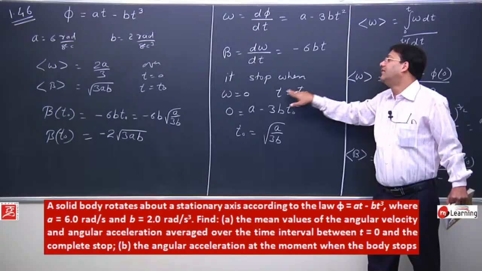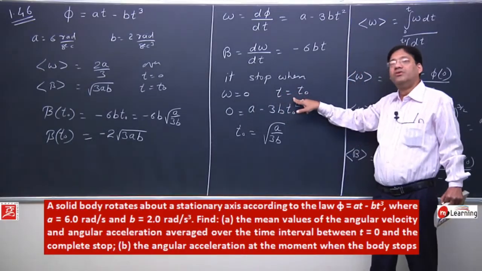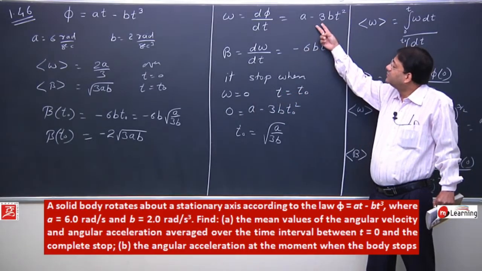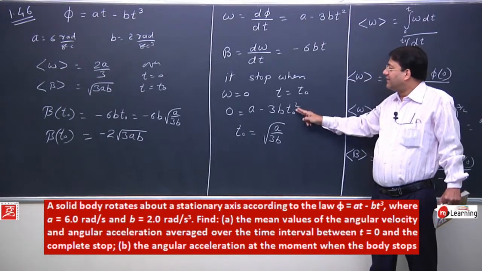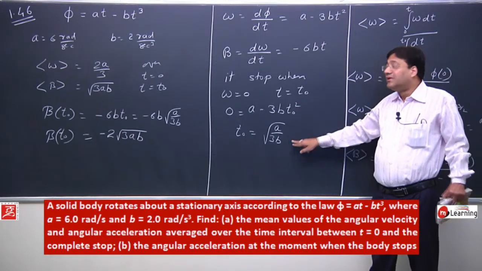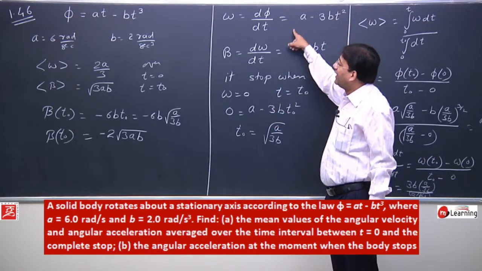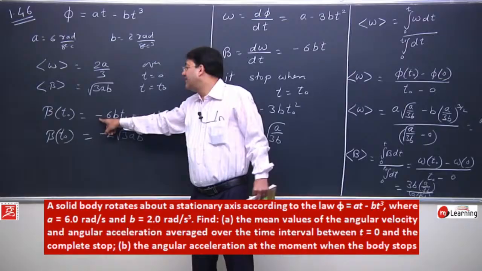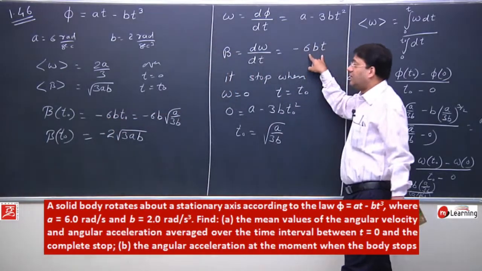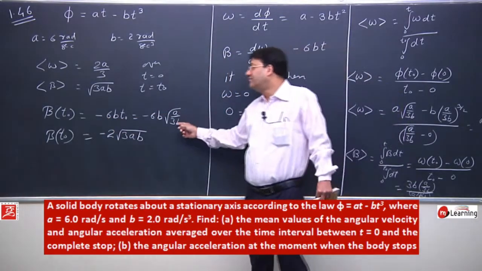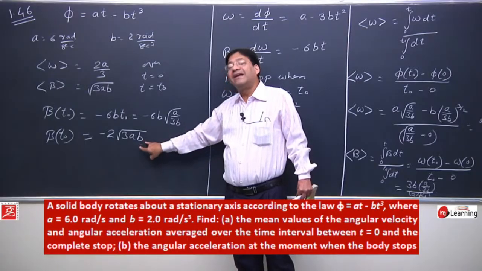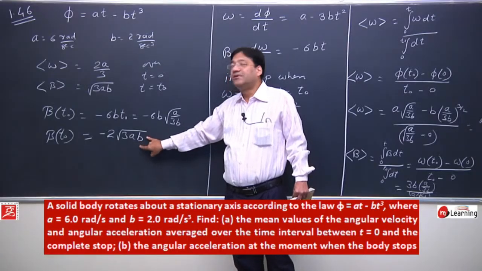It stops when angular velocity is 0. So this would give me time t naught, and in this manner I got time t naught. Now angular acceleration at this time t naught is minus 6b t naught, and for t naught I substituted this time, and we'll get angular acceleration when it stops.